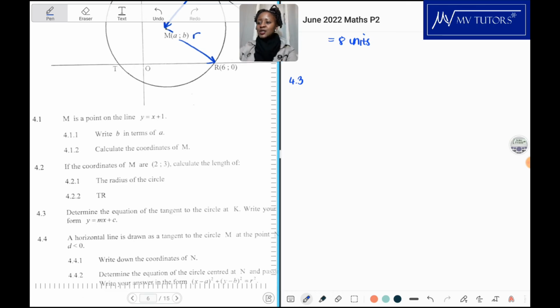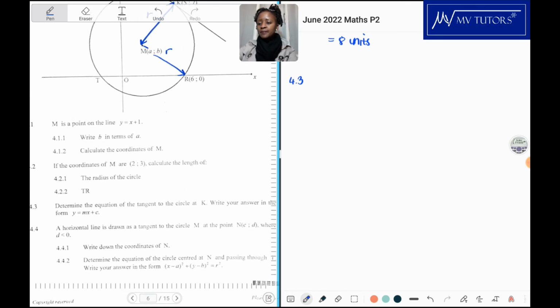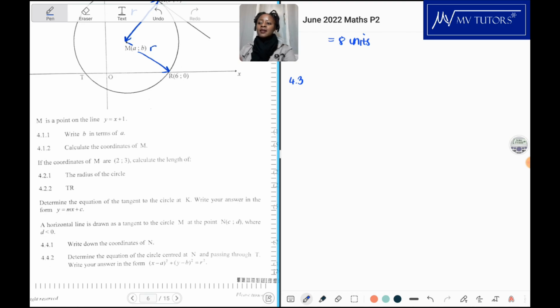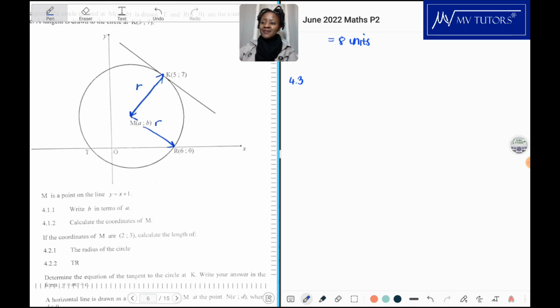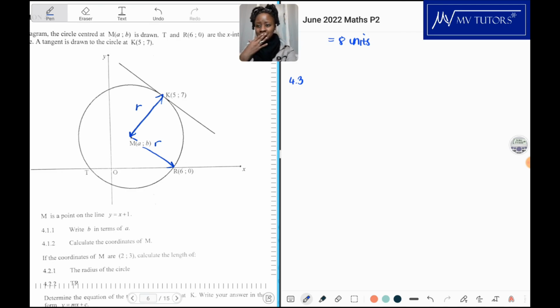Alright. So determine the equation of the tangent to the circle at K. Okay, so if I want the equation of the tangent written in the form y is equal to mx plus c, I need a gradient and I need a point.